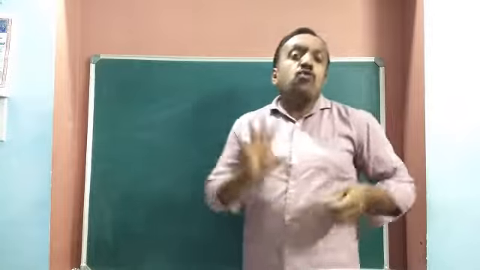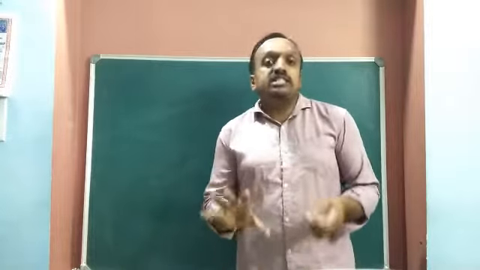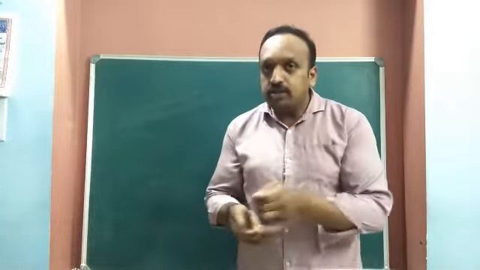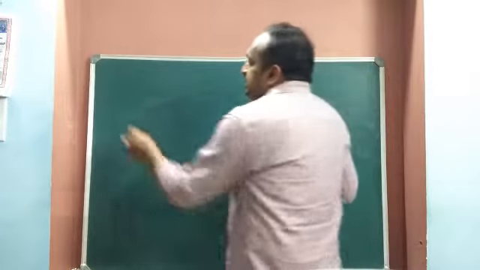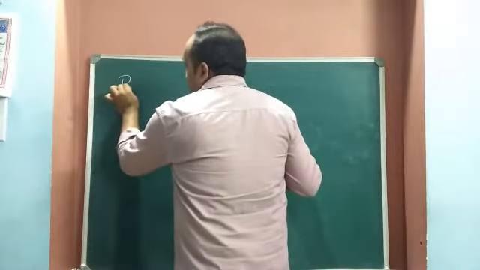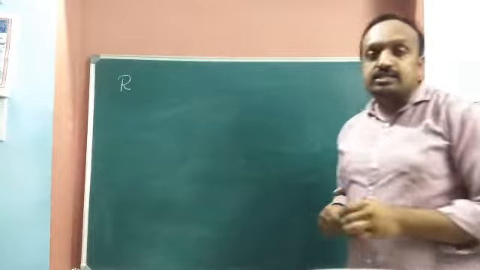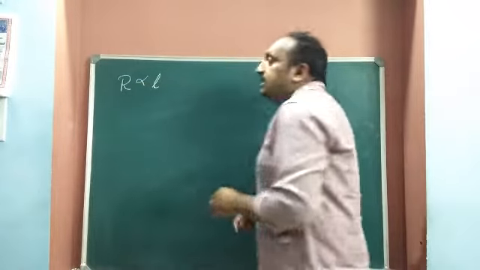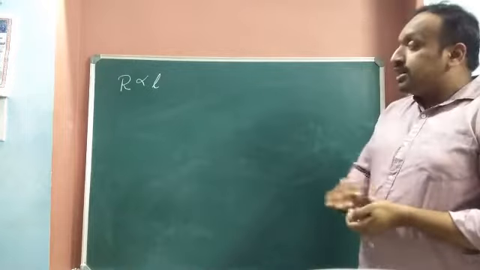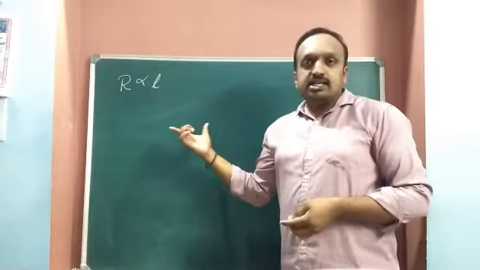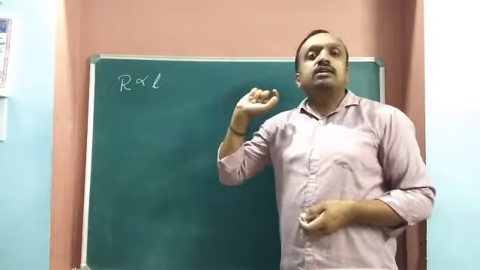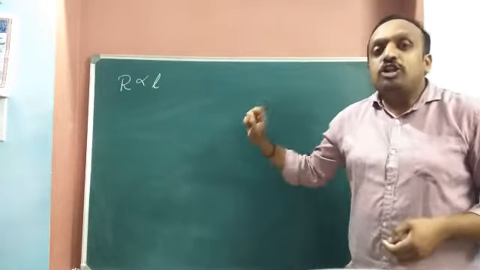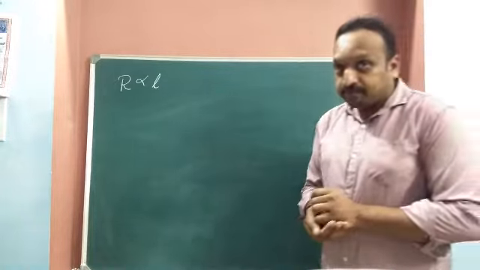Now I will say what are the factors on which the resistance of a conductor depends. First thing, the resistance directly depends on the length of the conductor. Means if the length increases, the resistance of the conductor will also increase.